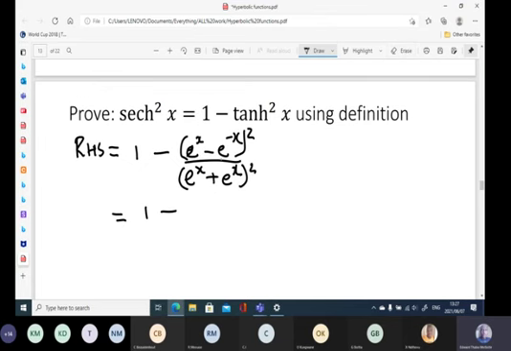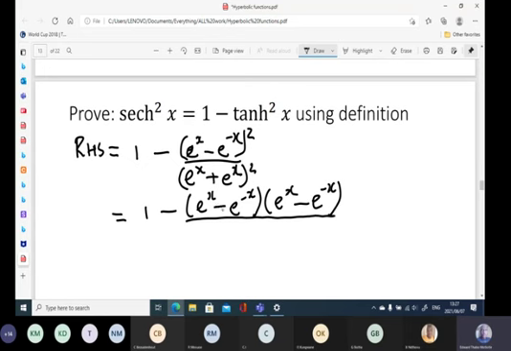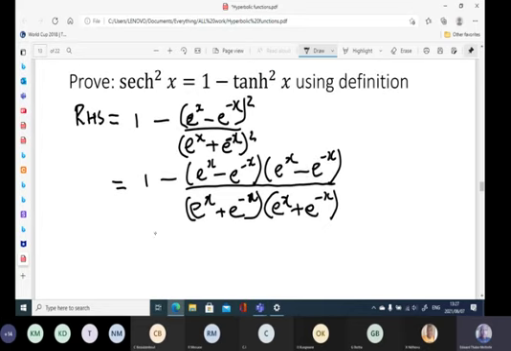This is a quadratic actually. So we have e to the power x minus e to the power minus x multiplied by e to the power x minus e to the power minus x. Similarly, we have the same thing there: e to the power x plus e to the power minus x, multiplied by e to the power x plus e to the power minus x. You use the FOIL method to expand there.